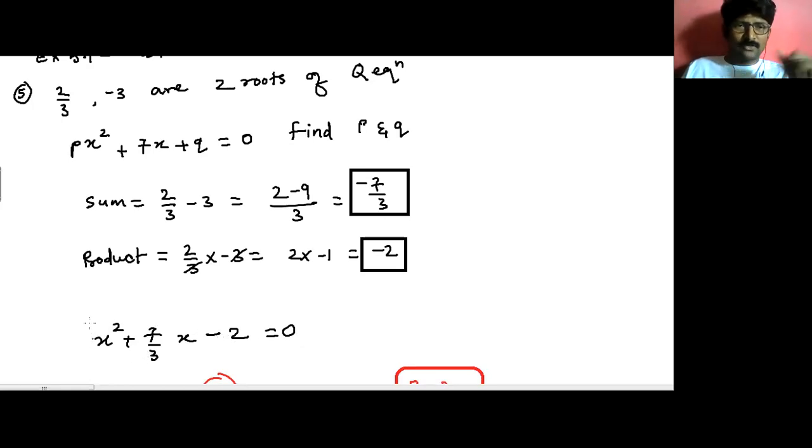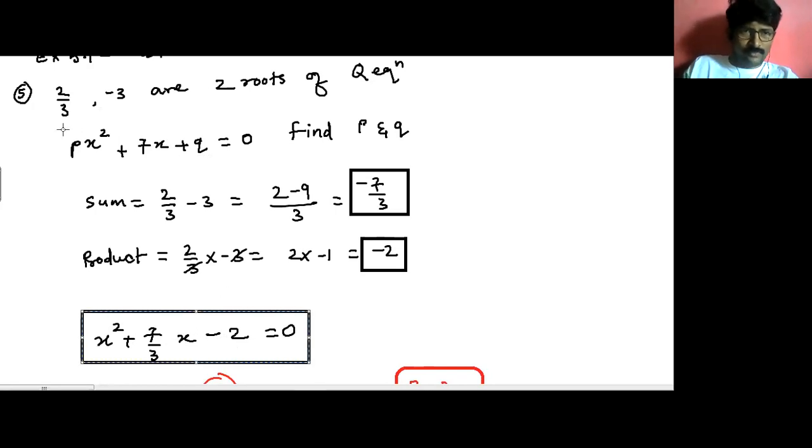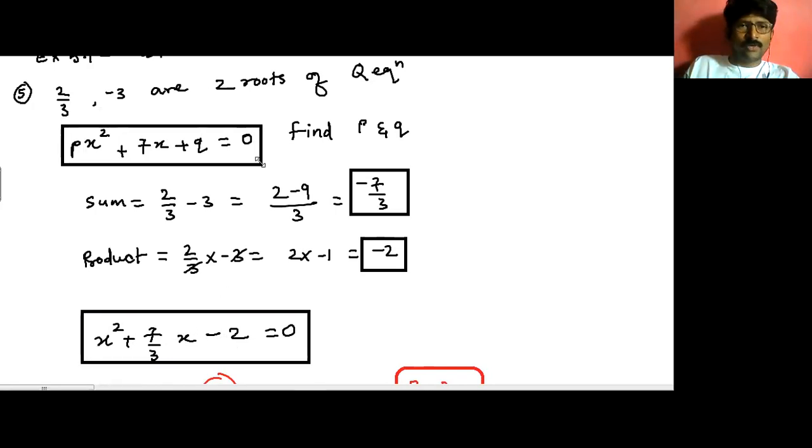Many people think, oh, this is the quadratic equation. Of course, this is a quadratic equation, no doubt about it. But it can be further simplified because this cannot be compared with the given equation, isn't it?